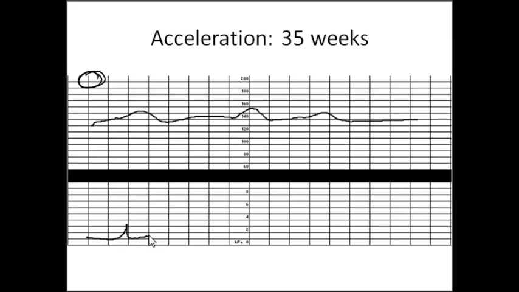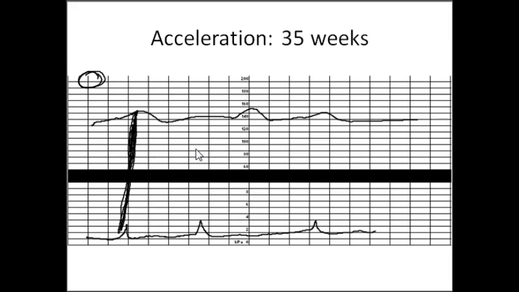So if our uterine contraction is there, maybe it's there, and maybe it's there. If our uterus is contracting, as our acceleration happens, maybe these should have been lined up a little better, but as the uterus is contracting, sometimes the fetal heart rate can increase. This would be an early acceleration.